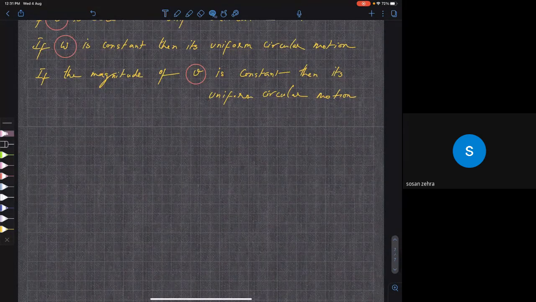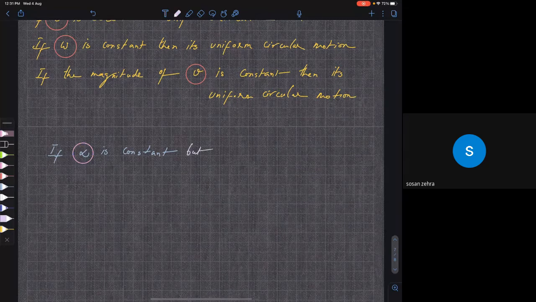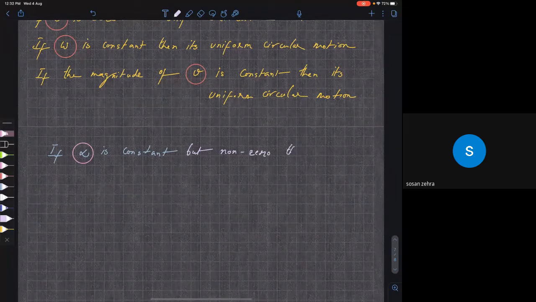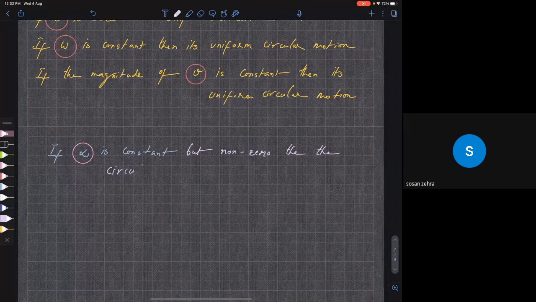Now tell me, if alpha is constant but non-zero, then the circular motion is non-uniform. Do you agree?